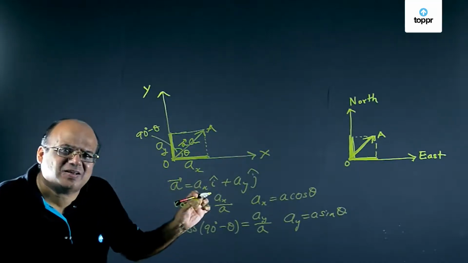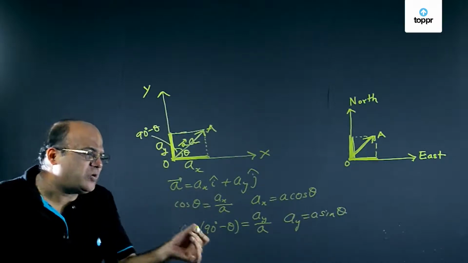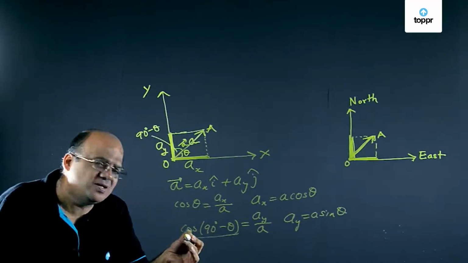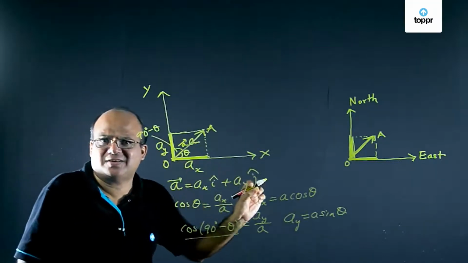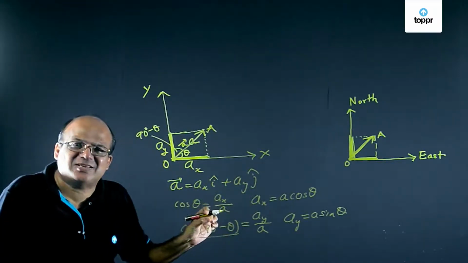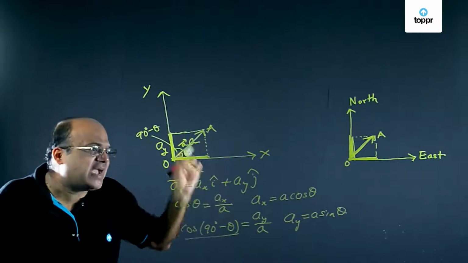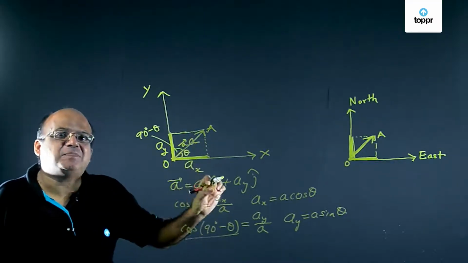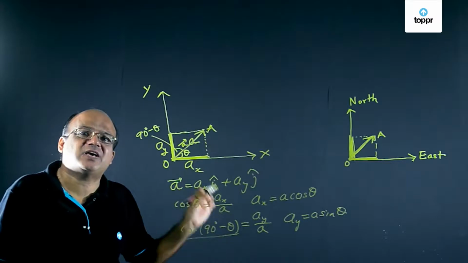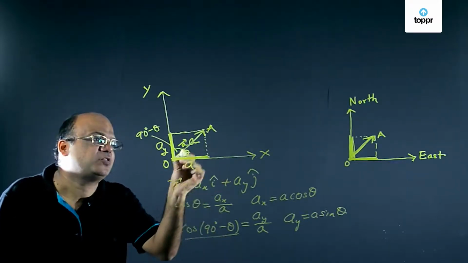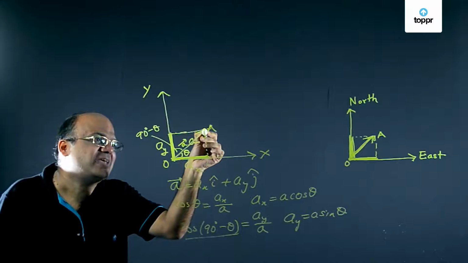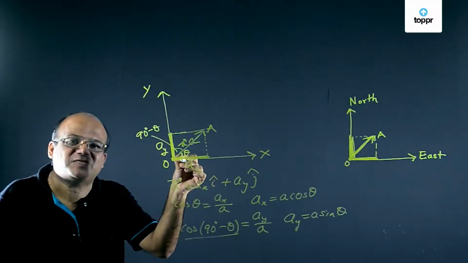Now why did we write cos here? That is to understand that the component of a vector in any direction is equal to magnitude of vector multiplied by cos of the angle between the vector and the direction. This component is equal to this vector magnitude A multiplied by cos of this angle.